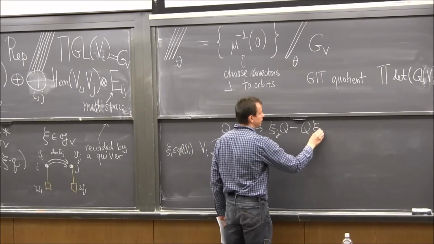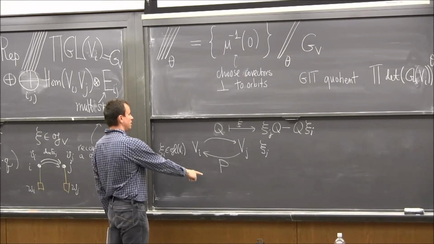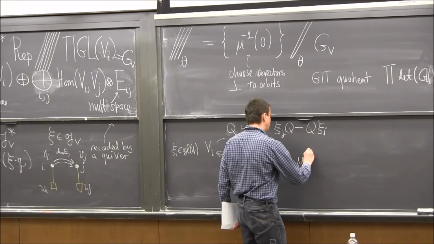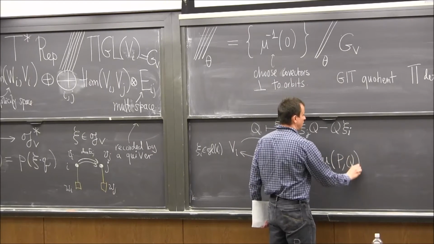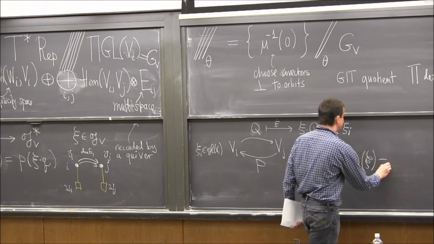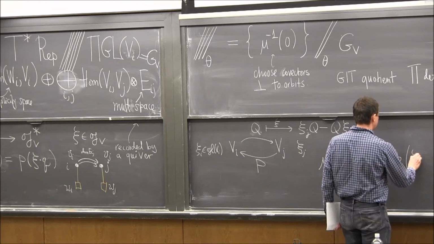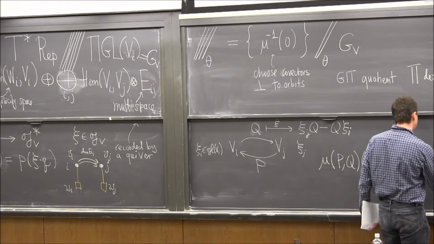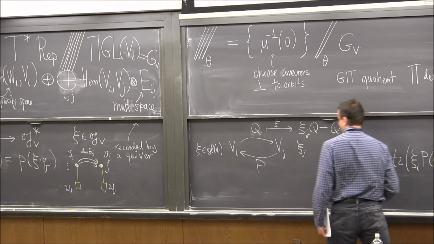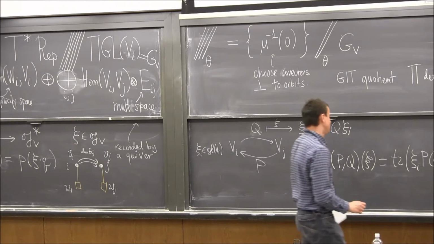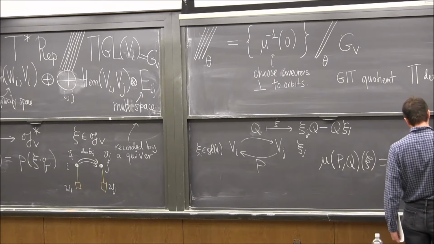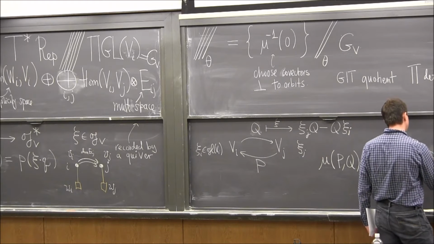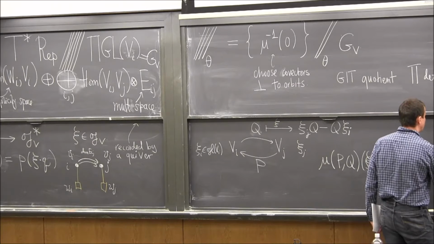And so now if we pair it with a covector, that means my moment map of (P, Q) is the trace of psi_i PQ minus... Traces of delta psi, yeah, that's right. psi_j QP minus PQ psi_i.